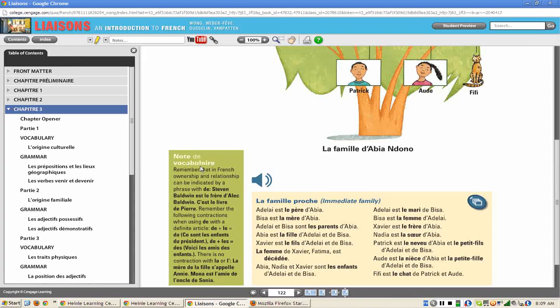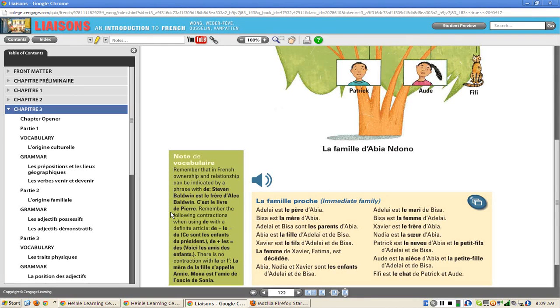They give you a little notes de vocabulaire here, reminding you, though, it's not just de and d apostrophe. Sometimes, when you have de plus le, it becomes du. For example, le président. In the title president, it's always le président. So if you said, voilà, ce sont les enfants du président.